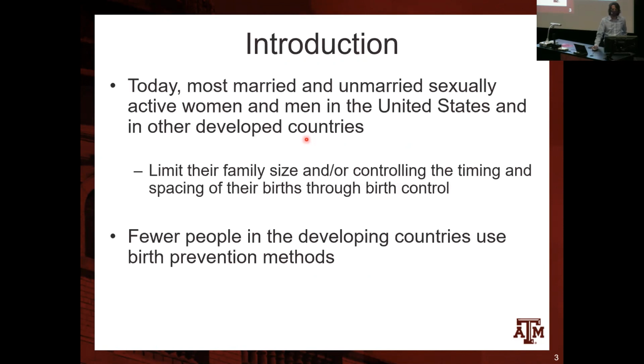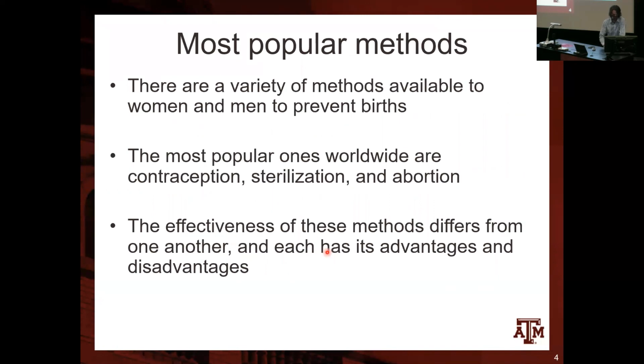So today, most married and unmarried sexually active women and men in the US and in other developed countries limit their family size and or control the time and spacing of their births through birth control. Fewer people in developing countries use birth prevention methods, but the percentage of those using contraceptive methods in developing countries has also been increasing over time.